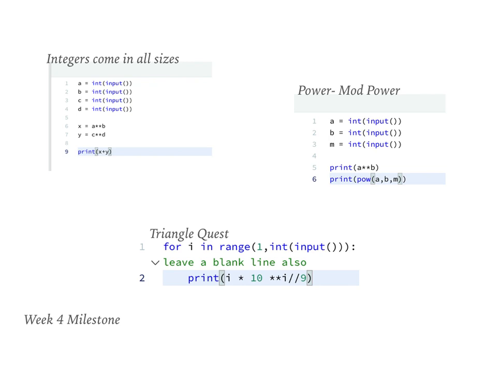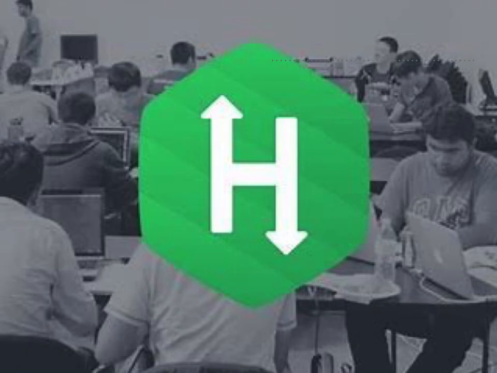So it was an interesting concept, and it ended up being print i times 10 to the i power divided by 9 in integer form. And then that 9 was because the constraint was it could only be up to 9. So it went down from 9 to make the code run correctly.